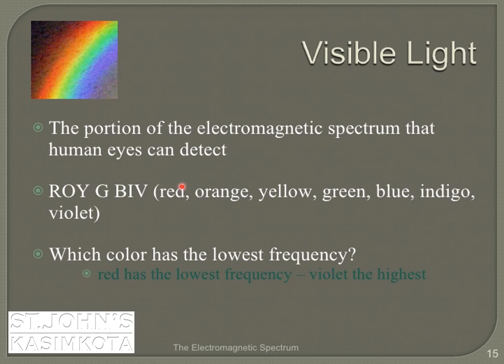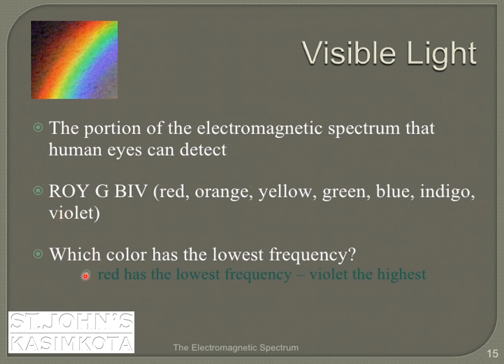And this visible light possesses VIBGYOR, that is violet, indigo, blue, green, yellow, orange and red. Though it's written here, I read in reverse, starting from shortest wavelength to highest wavelength, which means that violet has the shortest wavelength and red has the highest wavelength. So when red has the highest wavelength, its frequency is less.